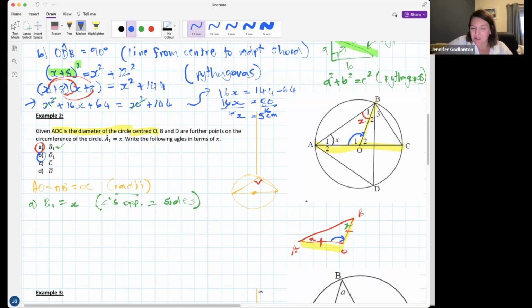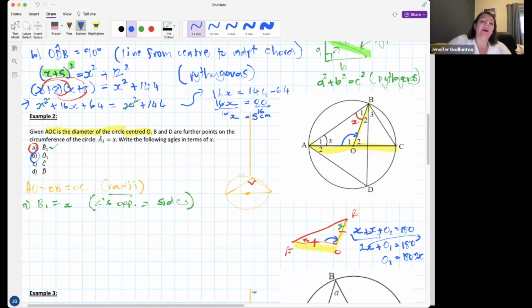If I had to write this out the longer way, I know that all of my angles in a triangle equal 180 degrees. So I could say X plus X plus angle O1 needs to equal 180 degrees. That's 2X plus O1 equals 180. Now remember, teacher Sam keeps telling you that maths is just about manipulation. All we're doing is manipulating equations. So we move the 2X over there: O1 equals 180 minus 2X. That's all we have to do.